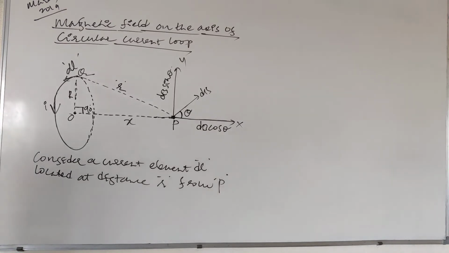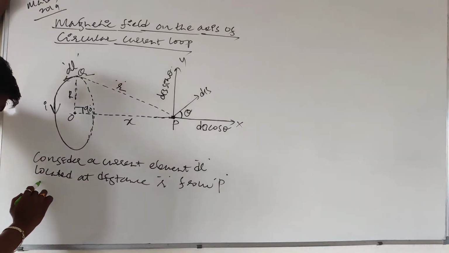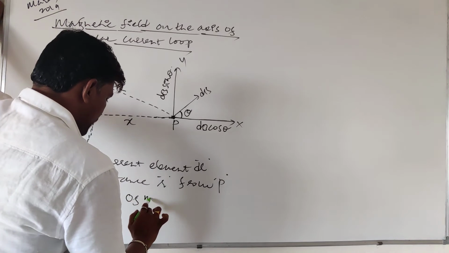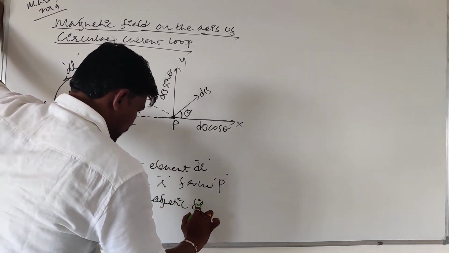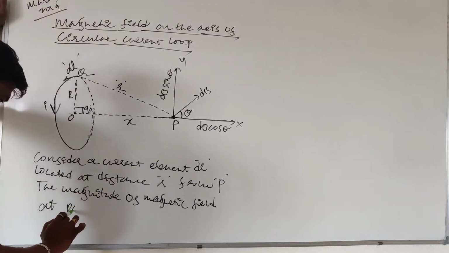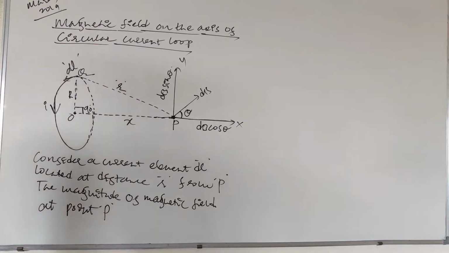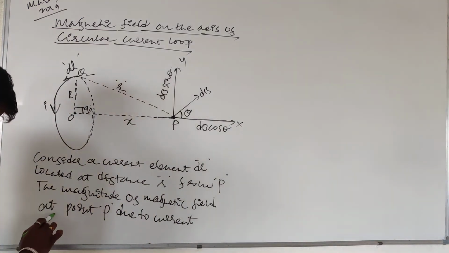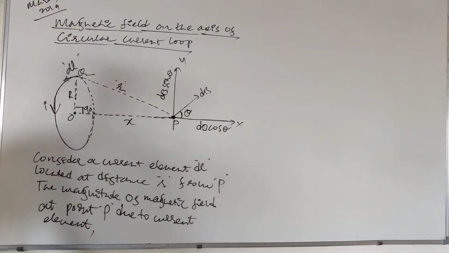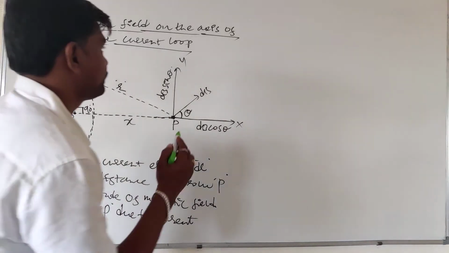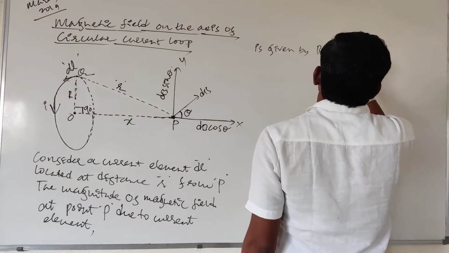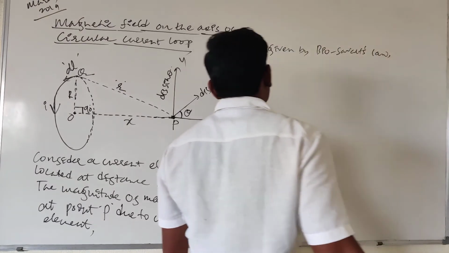The magnitude of the magnetic field at point P, due to the current element, is given by Biot-Savart's law, right?